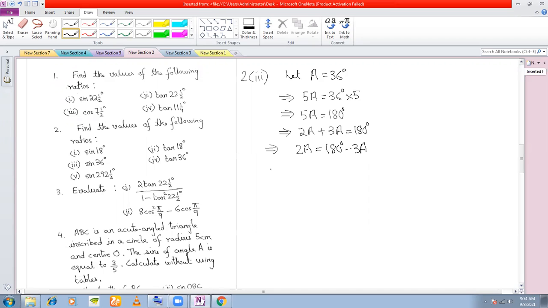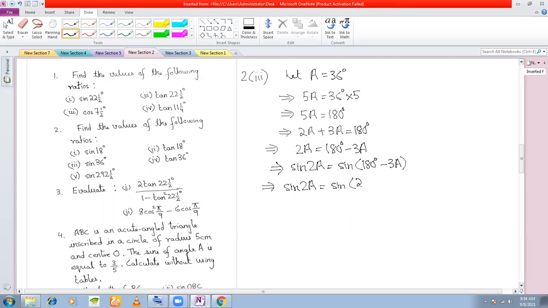Okay, and now we'll take sine. So now you have sine 2A is equal to sine 180 degree minus 3A.